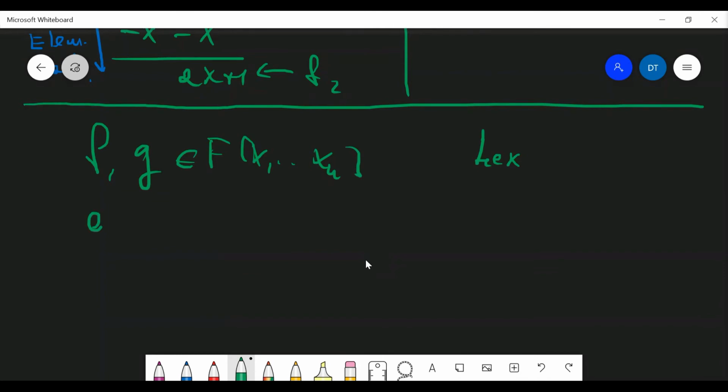And suppose that g divides f, so f is divisible by g. Then let's prove that you can reduce f by g to 0. So if f is divisible by g, then you can always reduce this polynomial f to 0.